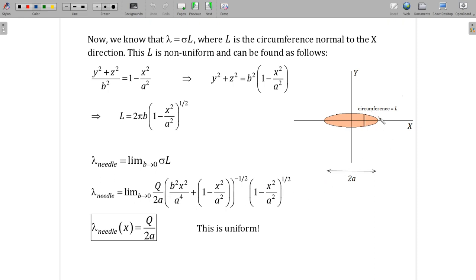So for this ellipsoid, the lambda close to the point x equal to a goes to a very small value, goes to 0. But if b is very small and it becomes a needle, the charge density, the charge per unit length becomes a constant, which is absolutely astonishing and really an amazing result.